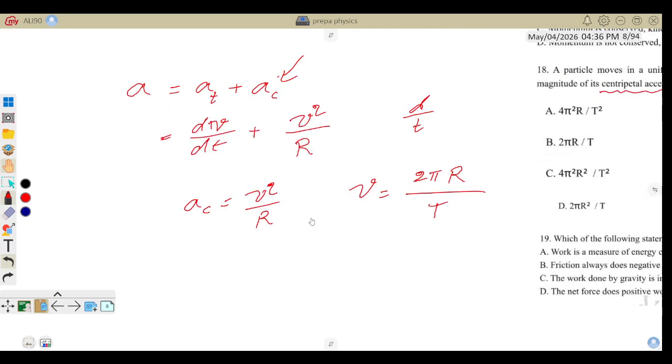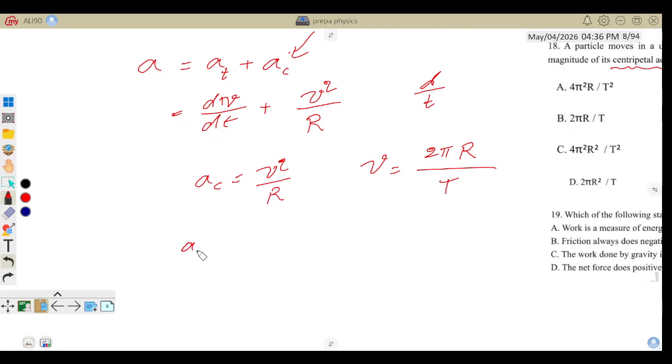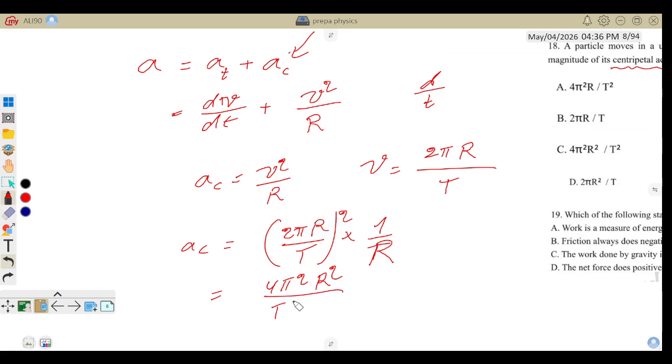So if we come back here, a_c would be (2 pi r divided by T) squared times 1 over r. We have here 4 pi squared r squared divided by T squared r.